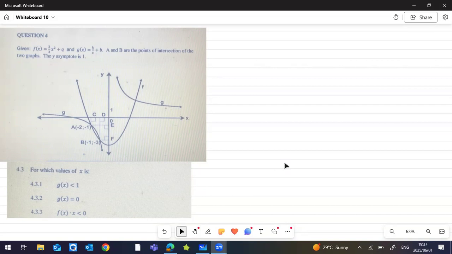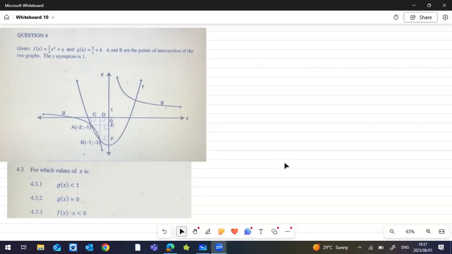Now, when we talk about g of x, we are talking about the hyperbola. Where do you find the hyperbola to be less than 1? Then for which values of x? And then 4.3.2, where do you find the hyperbola, your g of x, to be equal to 0? Which means you must look for the x-intercept of your hyperbola.